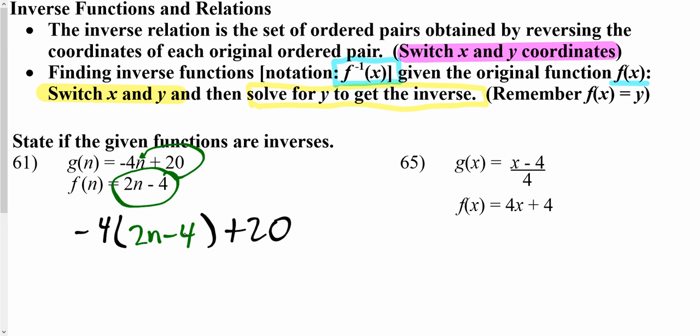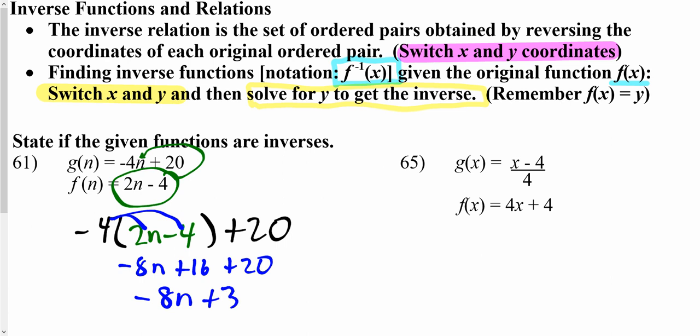And we're going to see if this just simplifies down to our normal variable of n. If it does, they are inverses. If it doesn't, they're not. So we're going to distribute through. This does not simplify down to n, so these are not inverses.